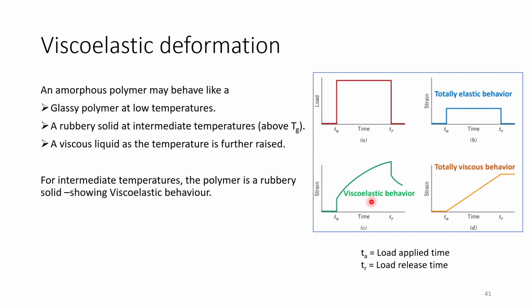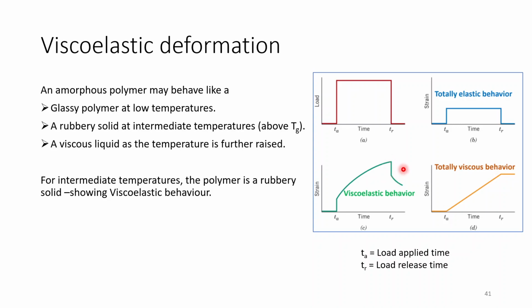In the case of viscoelastic behavior, in your polymers, on application of load you see it will show instantaneous strain in your material. Then with time it also shows an increase in strain, and as you release your load, some instantaneous strain will be regained.